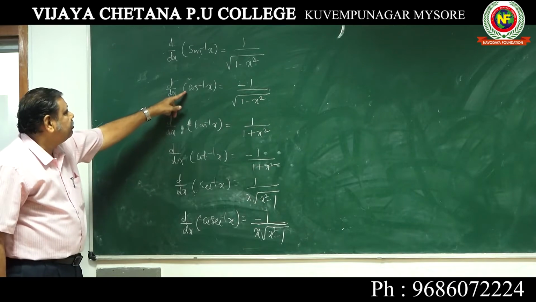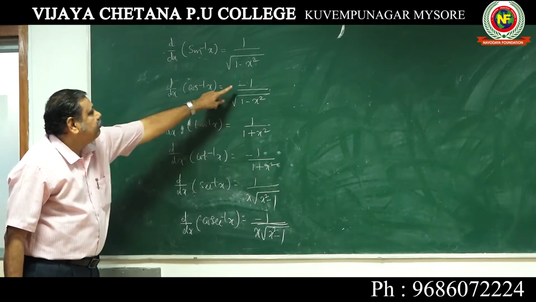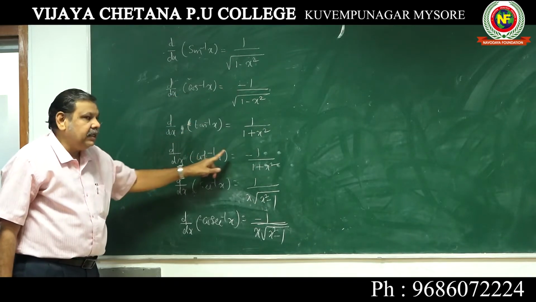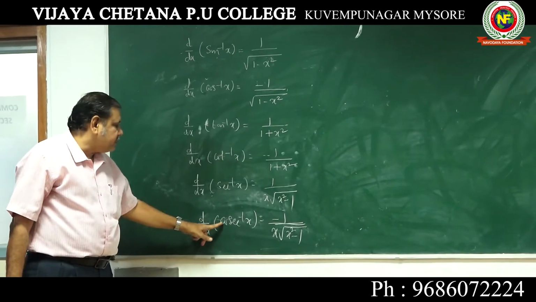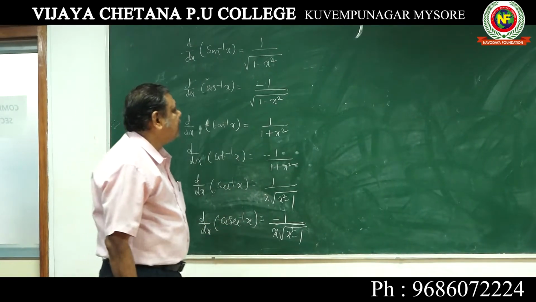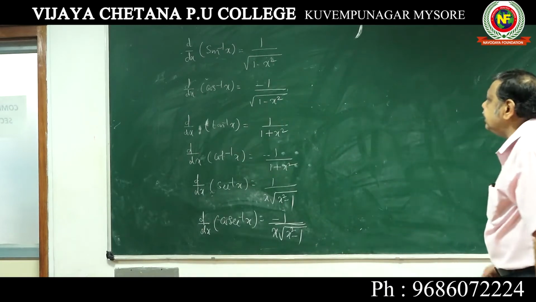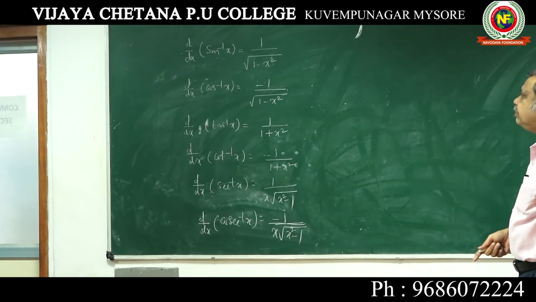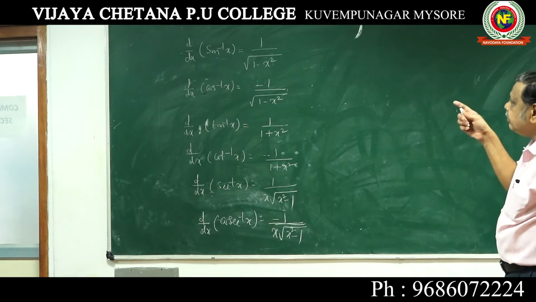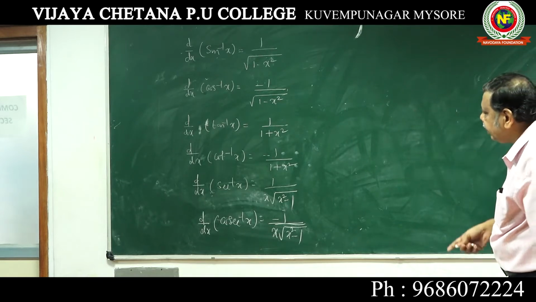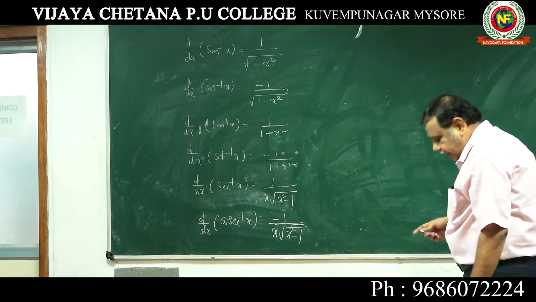I have also told you, whenever the function starts with c, there is a minus sign. So this list is there. We will go ahead with the problems. I told you to put a box around this list and to mug up this very important formula list, and one question will definitely be asked.